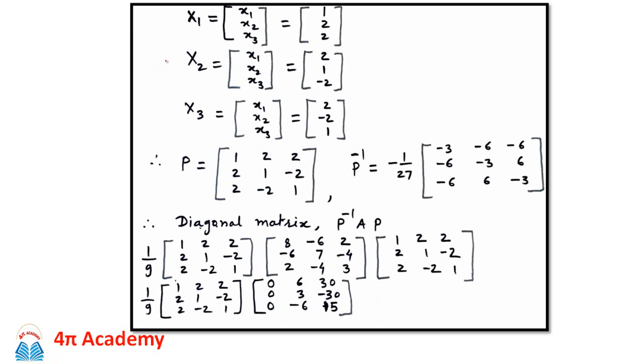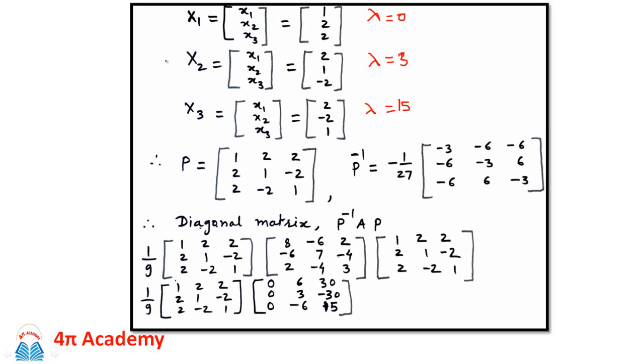So the result is x1, which is the eigenvector for lambda equal to 0, equal to 1, 2, 2. Then x2 is the eigenvector for lambda equal to 3, and x3 is the eigenvector for lambda equal to 15.